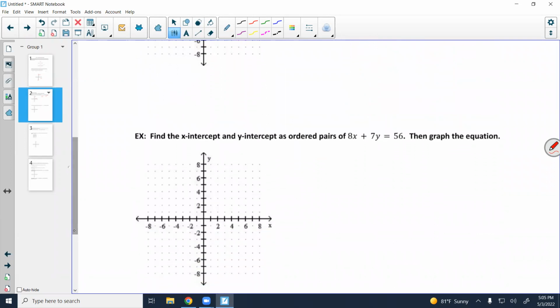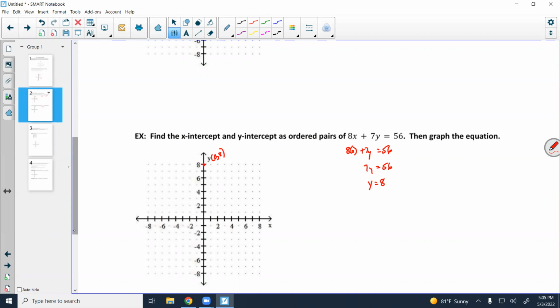Let's look at another one here. Okay, again, same principle. Find the y-intercept by letting x equal 0. 8 times 0 plus 7y equals 56. So 7y equals 56. y equals 8. So (0, 8) is our y-intercept.